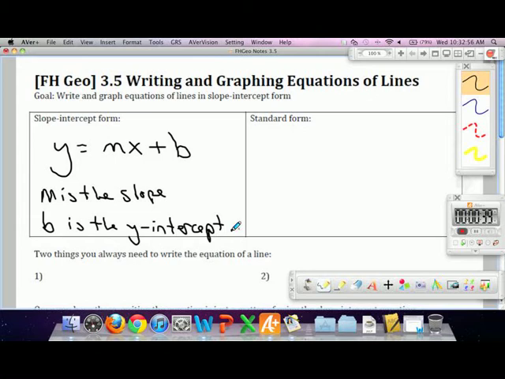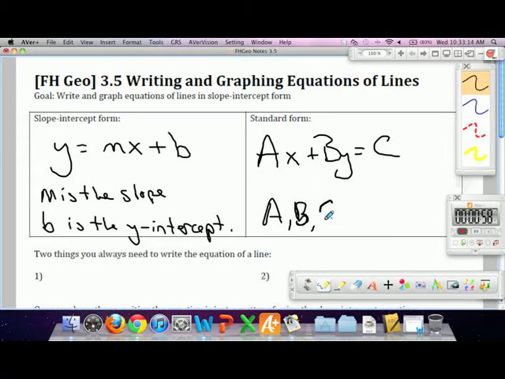There's another, less widely remembered form from algebra, which is called the standard form of a line. The standard form of a line is simply Ax + By = C, where A, B, and C are real numbers. It's just another way to rearrange the terms of a line.